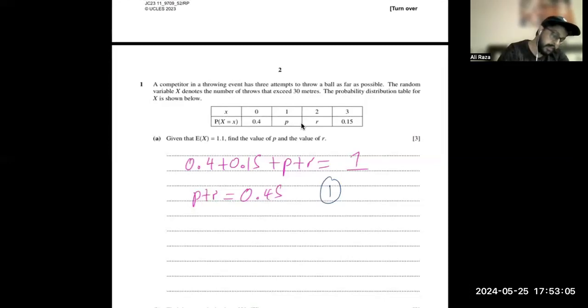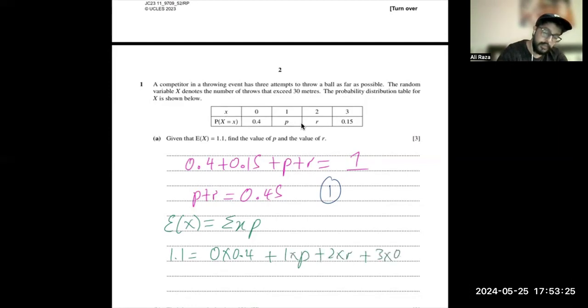And for the expected value, we have the formula for summation of x multiplied by P. So 1.1 is equal to 0 times 0.4 plus 1 times P plus 2 times R plus 3 times 0.15.